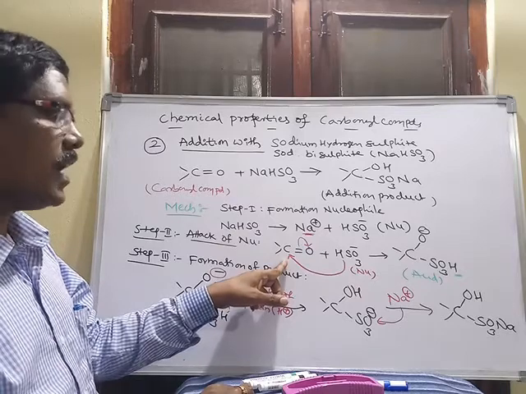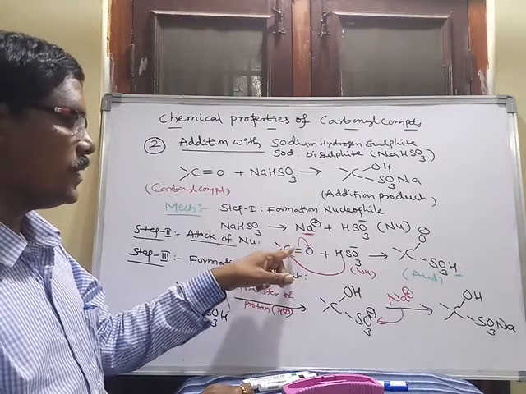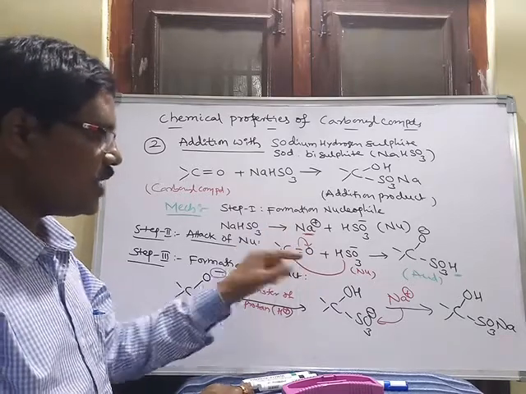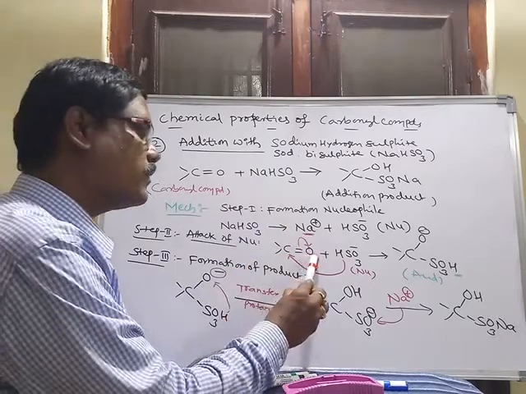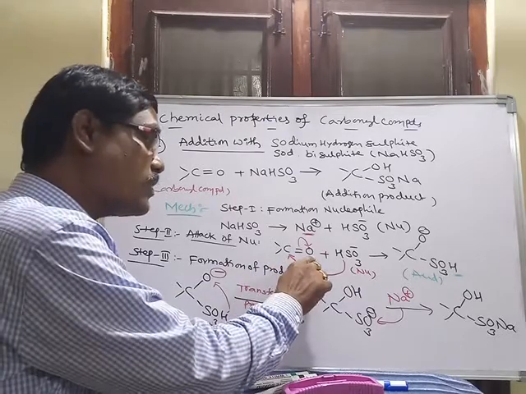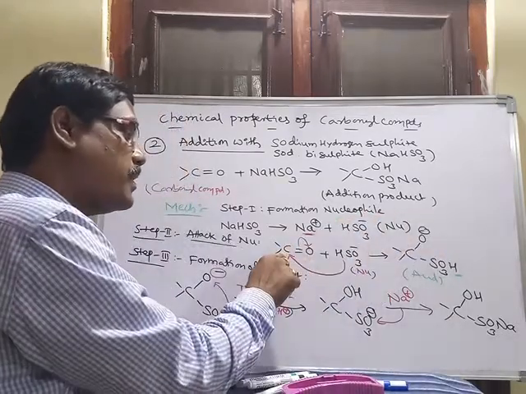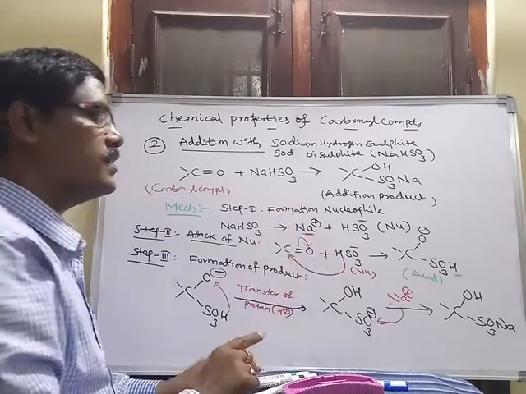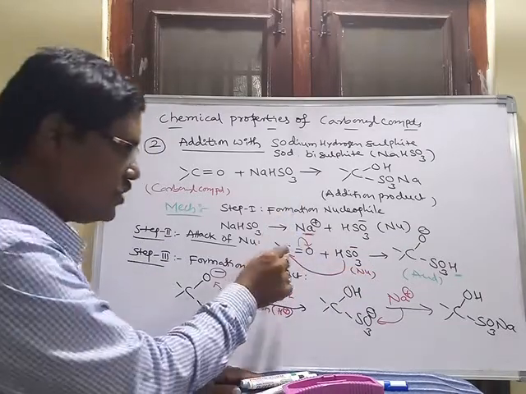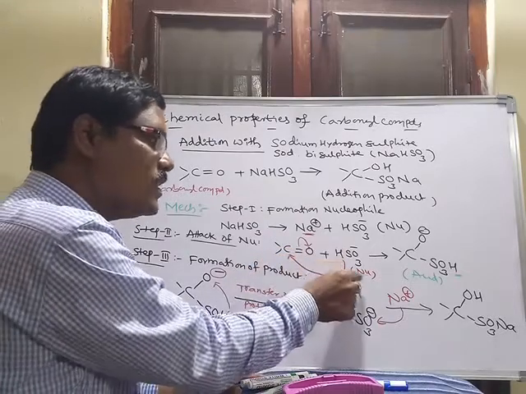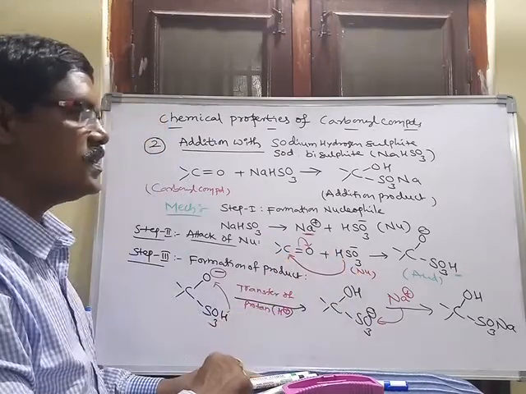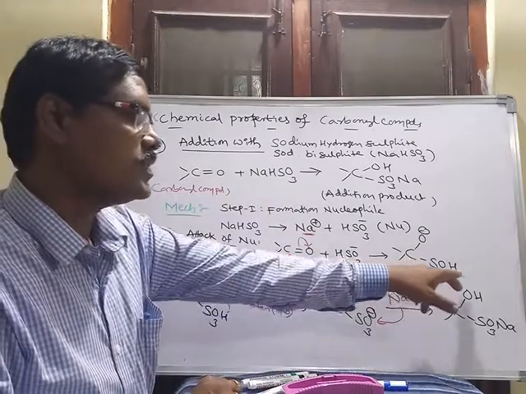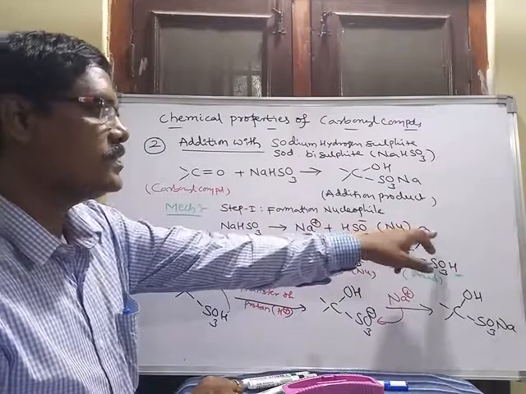Due to the higher electronegativity of oxygen, the pi electrons are attracted towards oxygen, so oxygen gets a negative charge and carbon gets a positive charge. The positively charged carbon attracts HSO3 minus, forming a new bond between carbon and HSO3, and oxygen keeps the negative charge.